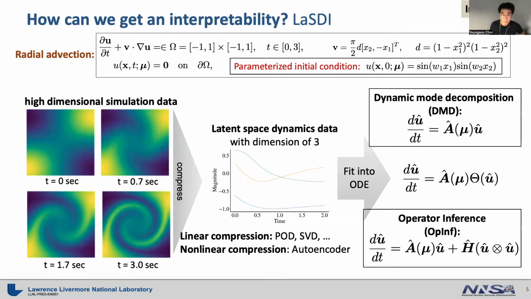For example, if we happen to know this A hat matrix explicitly, we can perform eigenvalue decomposition and write an analytical solution for the linear ODE in terms of eigenvectors and eigenvalues. For example, if the real part of the eigenvalue is greater than 1, then the solution will explode.